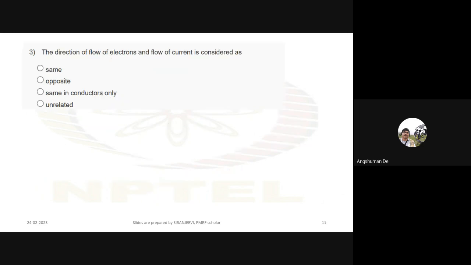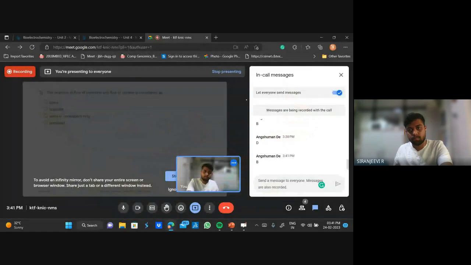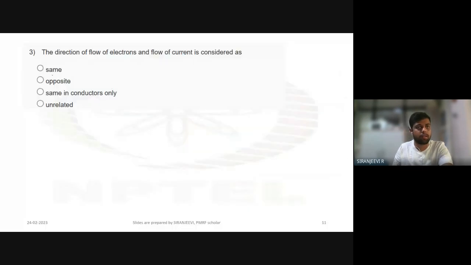The direction of flow of electrons and flow of current is considered as the opposite. We have seen this in the Daniel cell or whatever voltaic cell that we have seen.